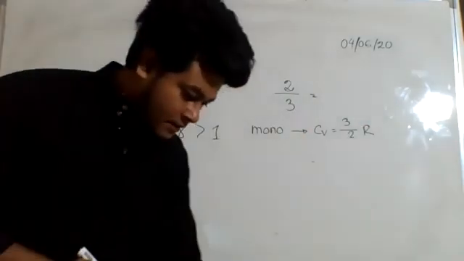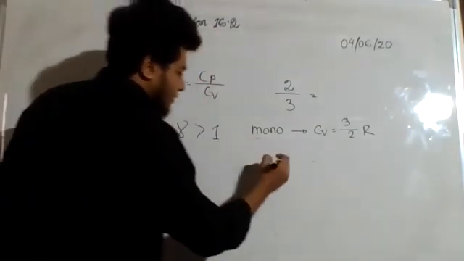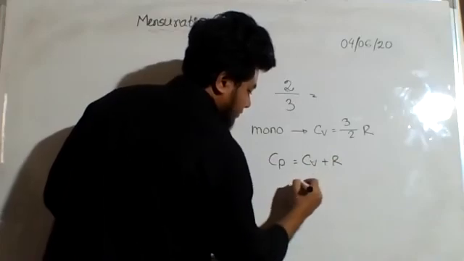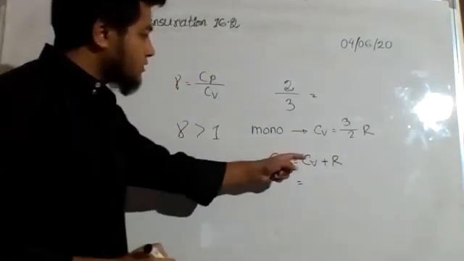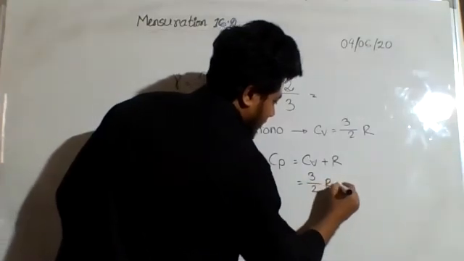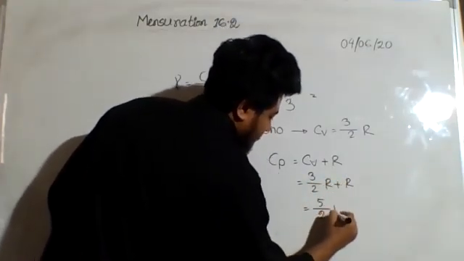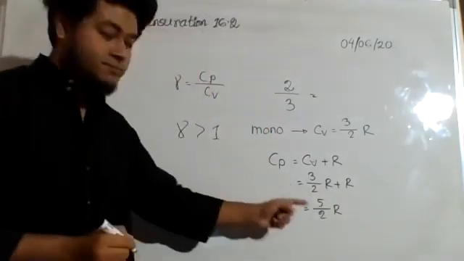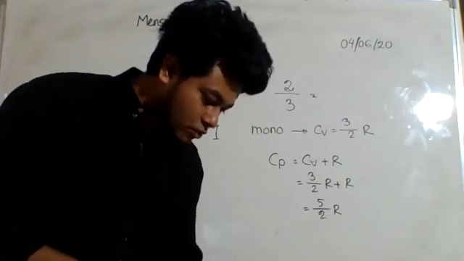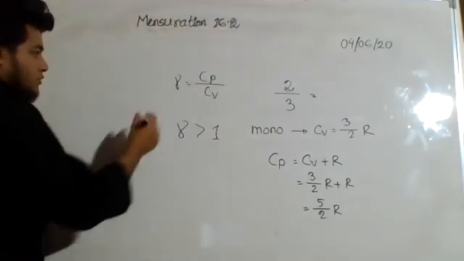Okay, fine. Now we will try to find out what will be the value of Cp. Now we know that Cp is equal to Cv plus R. Cv we already got as 3/2 R, plus R. So if you do the summation, you are going to get 5/2 R. Let me calculate the gamma also for you.